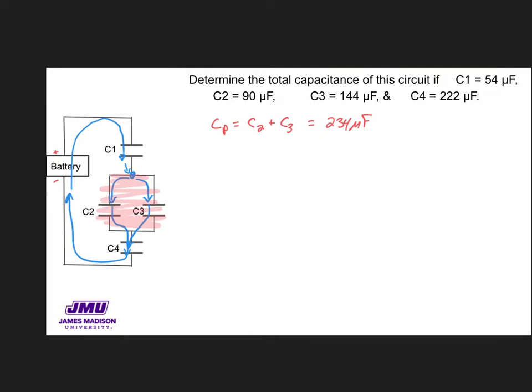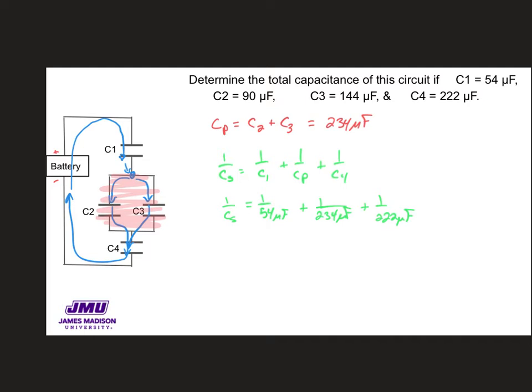So the first thing I have to do is find out what the total capacitance of C2 in parallel with C3 is. I just add them together, and I get that the total capacitance for that region is 234 microfarads. Now I can add that 234 microfarads in series with capacitor 1 and capacitor 4 to find the total capacitance of this entire circuit.